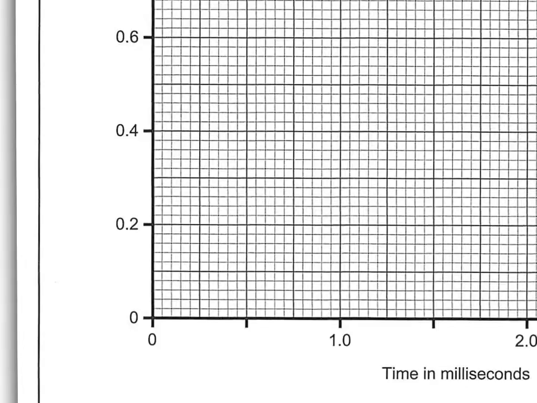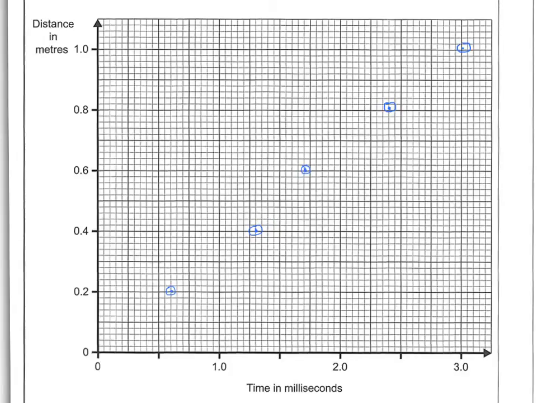So the first point is at 0.6, which is here, and 0.2, which is here. So we're looking at the intersection there. And so we need to plot that and the other points present there. So you end up with something like this. And a best fit line, something like that.